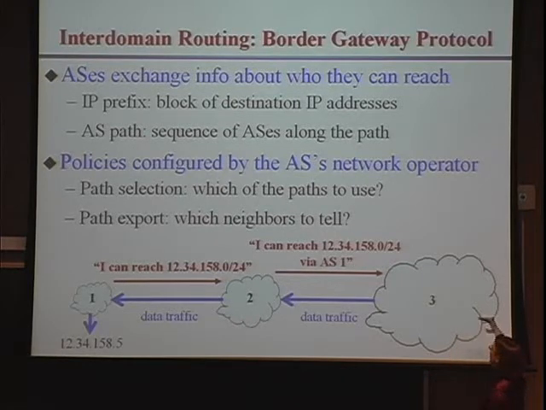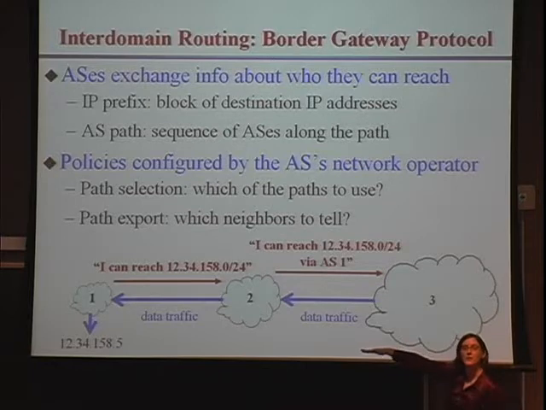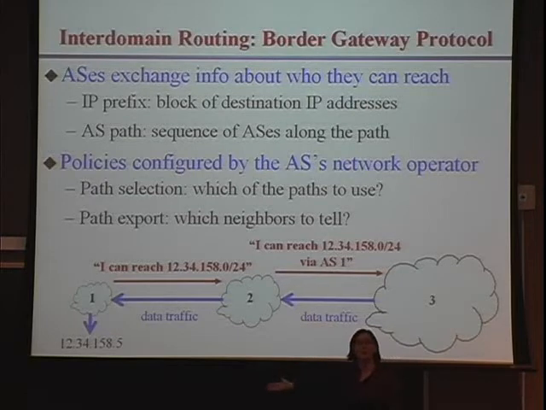And then when any path gets used, the data traffic will actually flow in the reverse direction of those messages. So here, AS2 might have learned a longer path that it preferred and would have been able to pick it. And it's not obliged to tell AS3 about this path. Right? AS3 and AS2 will only share that path information if they have a business agreement in advance that they'll pass that information along. Okay.